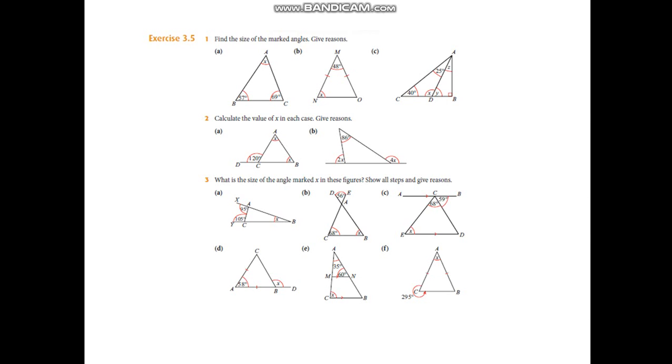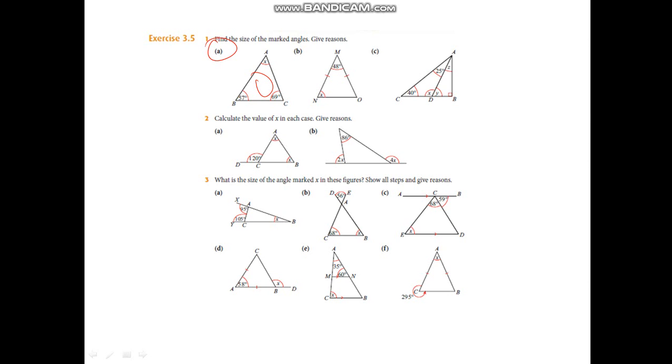Exercise 3.5, find the size of marked angles, give reasons. I want to show you some of them, and others you can check yourself, solve yourself at home. And A is not difficult. Interior angles of a triangle is 180, so that's why we will add three angles.